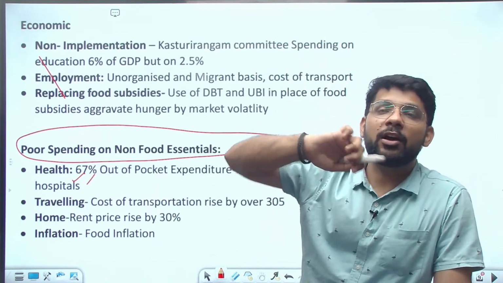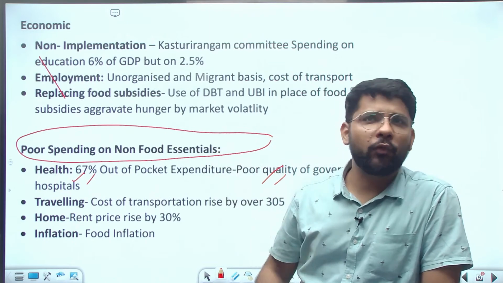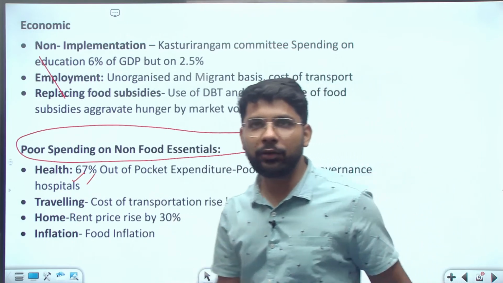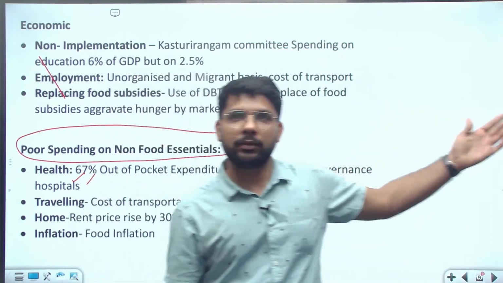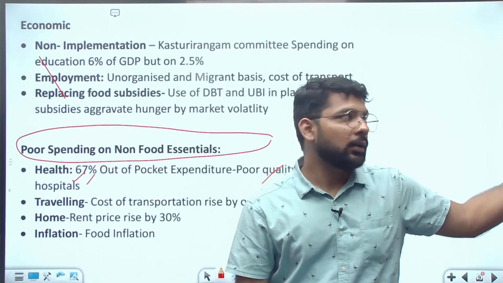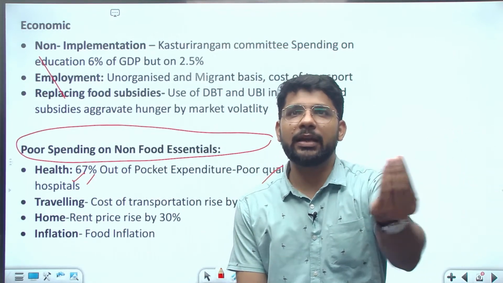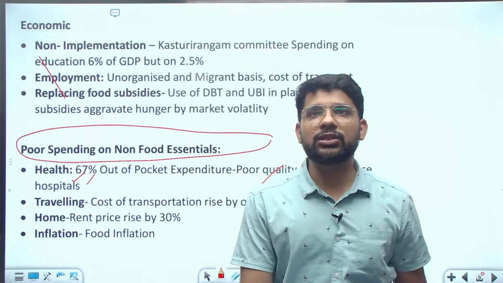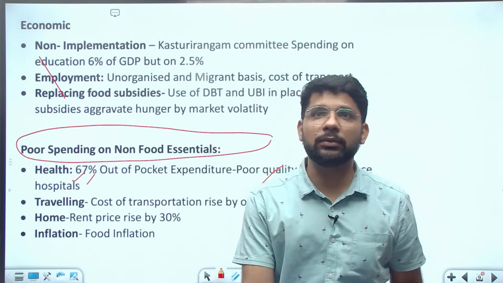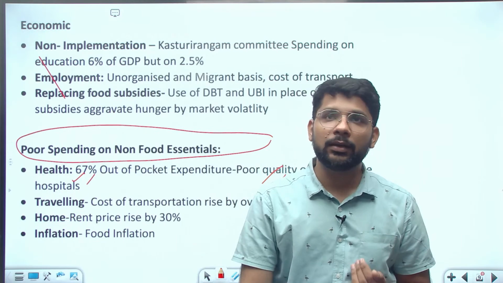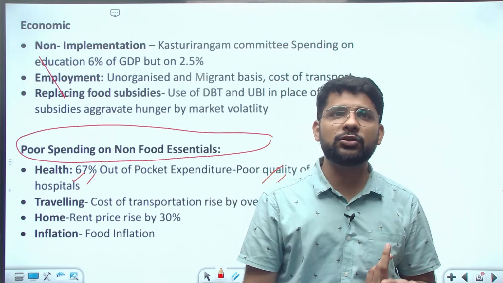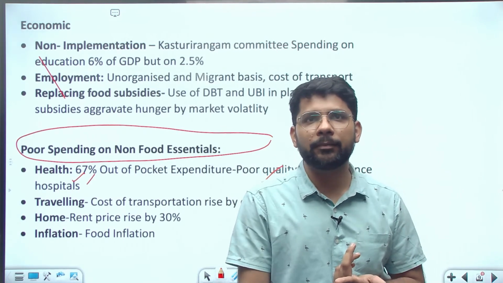Poor quality of government hospitals, as we saw during COVID, and even during the recent rain in Delhi, Gujarat, Haryana, the flood-like situation in these cities shows a complete lack of development.